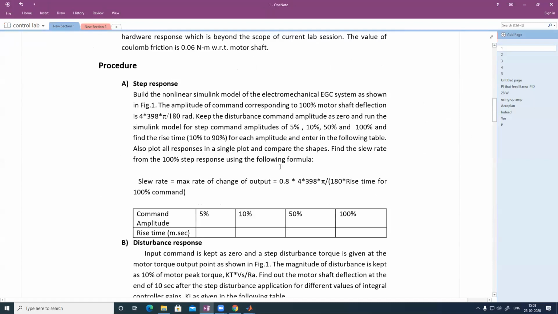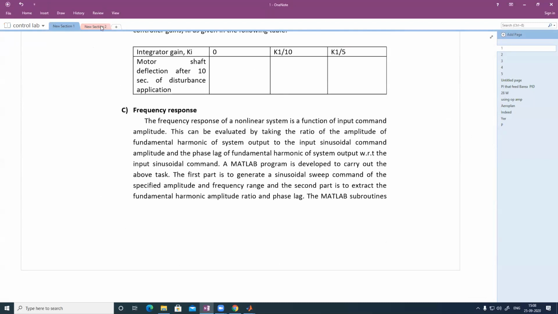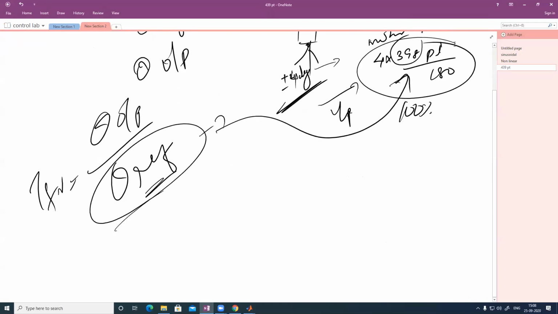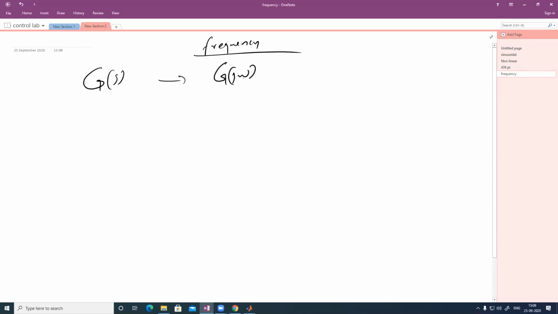So now third point is frequency response analysis. So for a linear system, frequency response analysis is, so you are having a G of S, a transformation will be there. You are taking G of J omega.